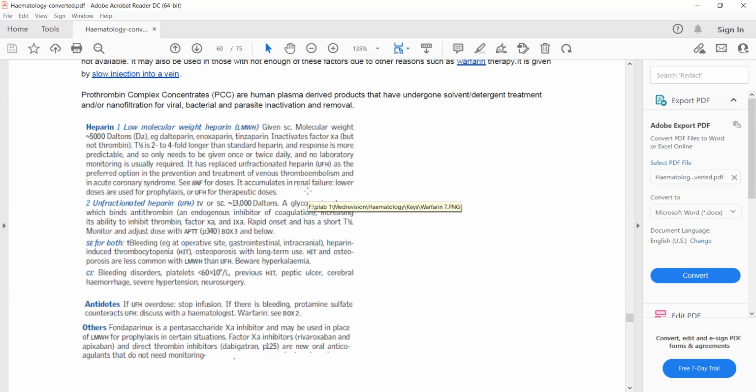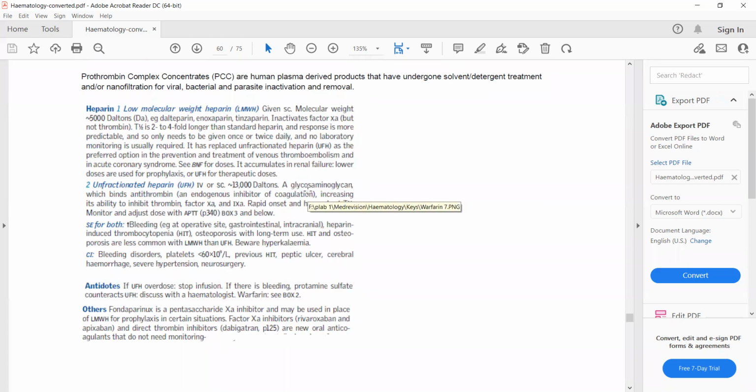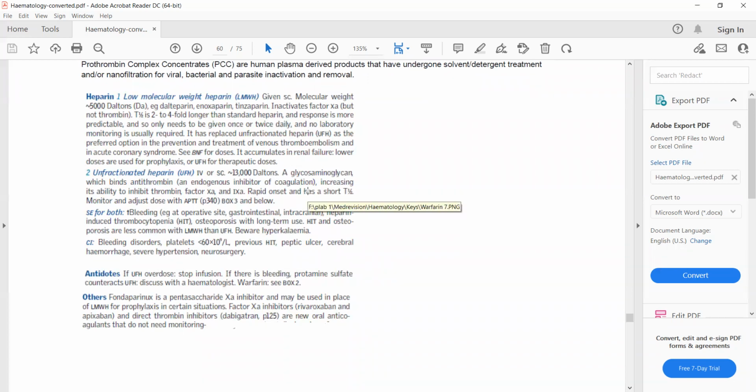The response of low molecular weight heparin, such as dalteparin, enoxaparin, and tinzaparin, is more predictable, and no laboratory monitoring is usually required. The other difference is that lower doses of low molecular weight heparin are required in patients with renal failure, while the dose of unfractionated heparin does not need to be adjusted.